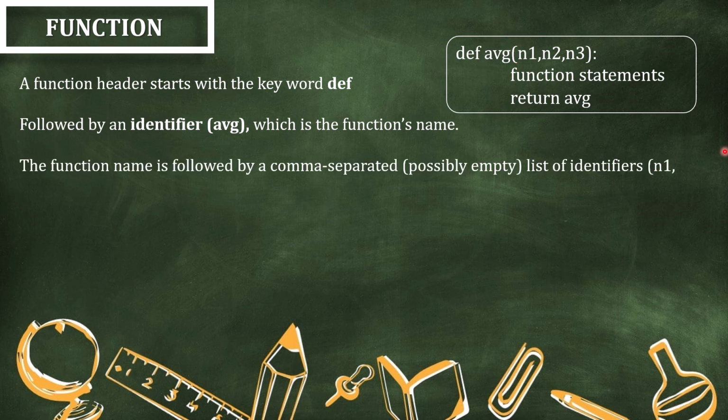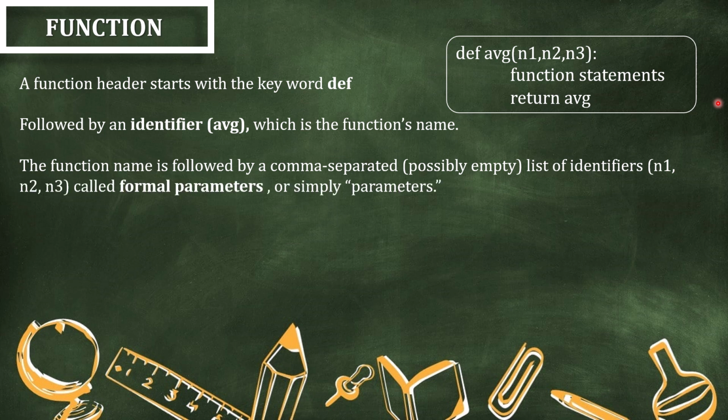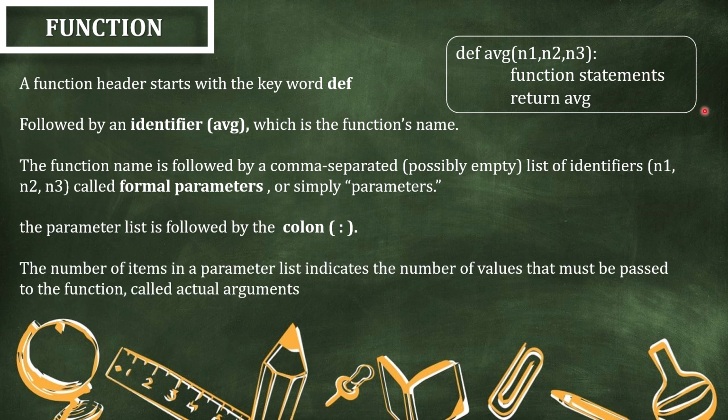The function name is followed by a comma separated list of identifiers, n1, n2 and n3, which are called formal parameters or simply parameters, and the parameter list is followed by a colon. The number of items in the parameter list indicates the number of values that might be passed to the function. The values that are passed to the function are called actual arguments.